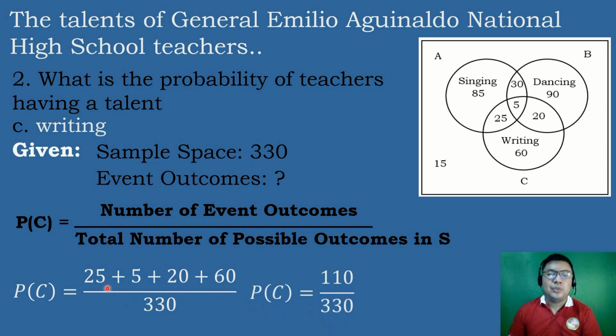Simplify, 25 plus 5 plus 20 plus 60 is equal to 110 over 330. We will get the lowest term of 110 over 330, that is equal to 1/3. Therefore, the probability of teachers having a talent in writing is equal to 1/3.